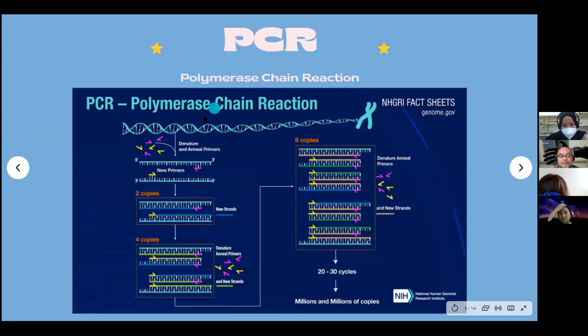This is basically the steps of PCR, as you can see, where first we only have this one DNA, and then after several steps, we will end up with millions and millions of copies. The steps will be explained by Catherine.